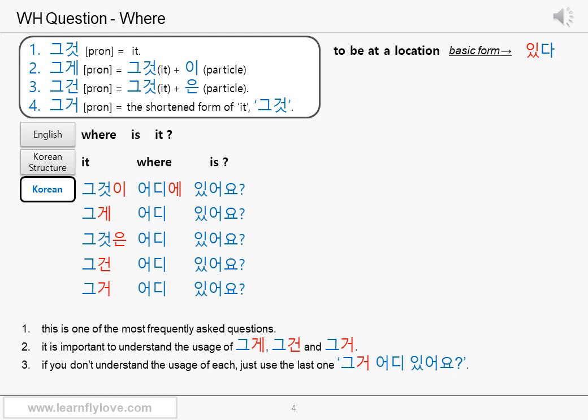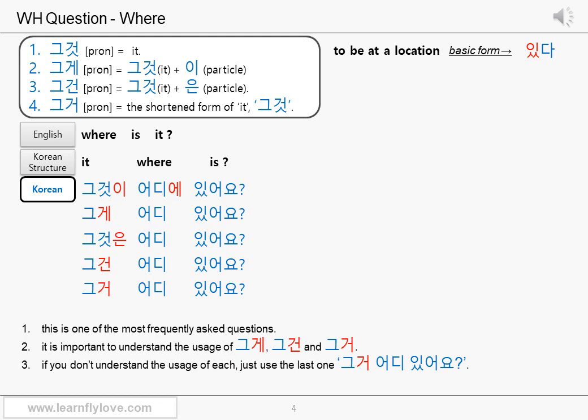Let's take a look at the next one. 그거 어디 있어요? This time the subject is 그거, not 그것, nor 그게, nor 그건. Korean people use this one a lot too. It's also a shortened form of 그것, "it," but the usage of 그거 is slightly different from 그게 or 그건.